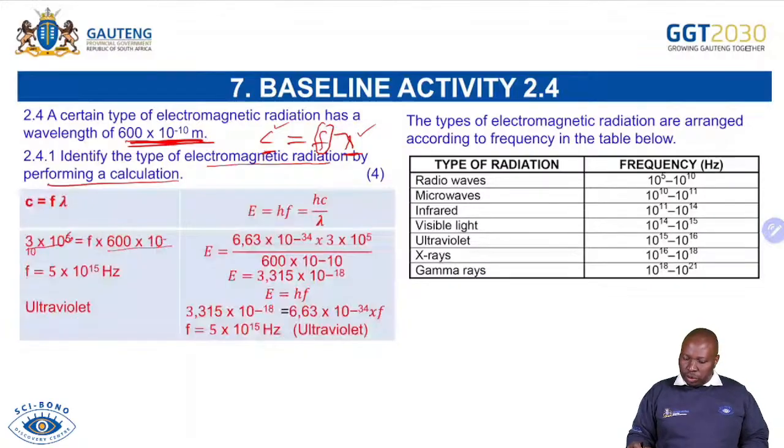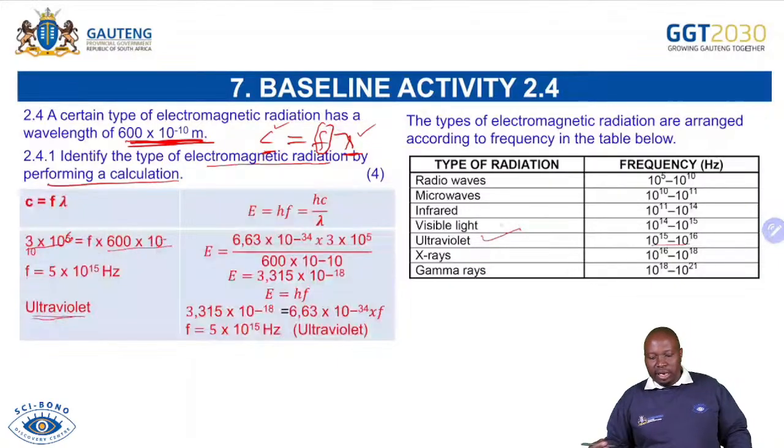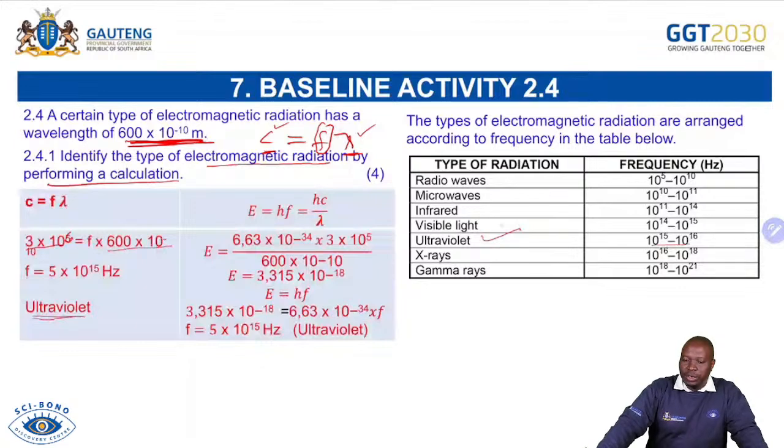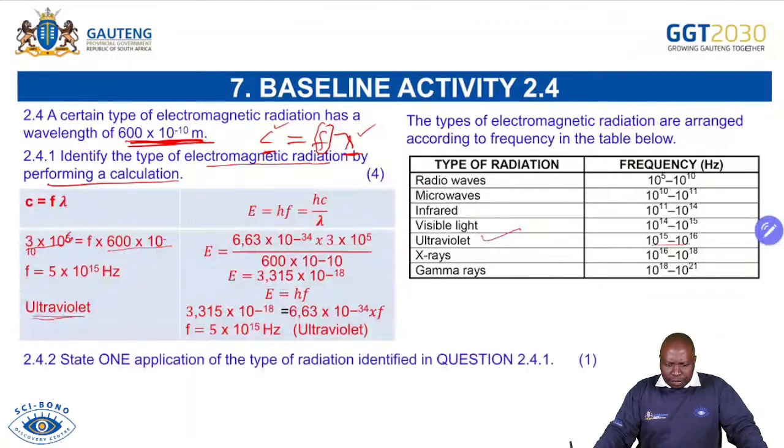You come back and say you got ultraviolet, which is the 10 to the power of 15. So that is UV, that is the answer. It's important that you always remember that.